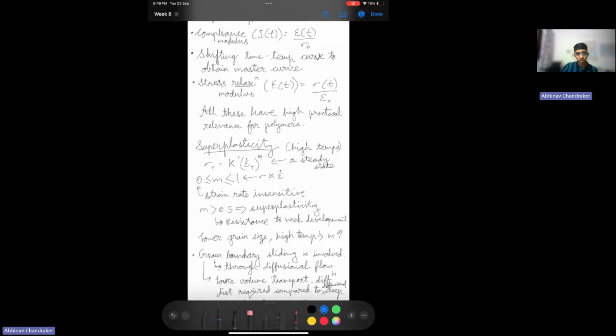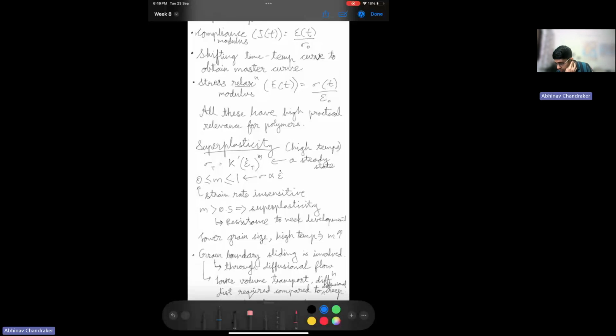It could be maybe 5,000% or so. So that's a very high amount. 1,000 to 5,000% is high, even 10,000%, and even 500% is high. And this is usually seen at high temperatures only.